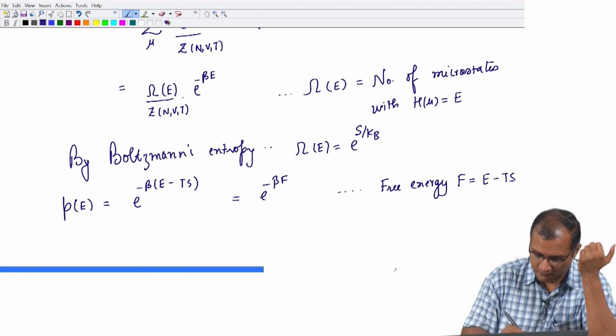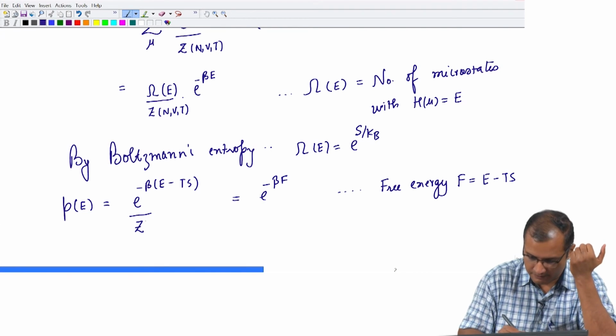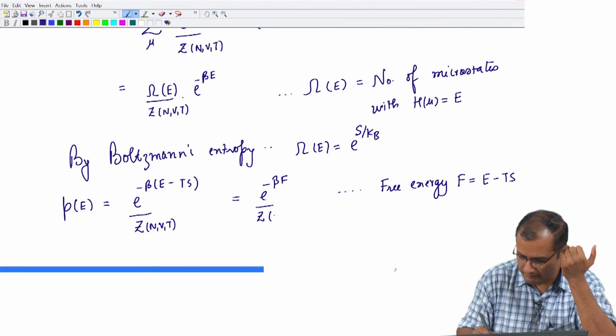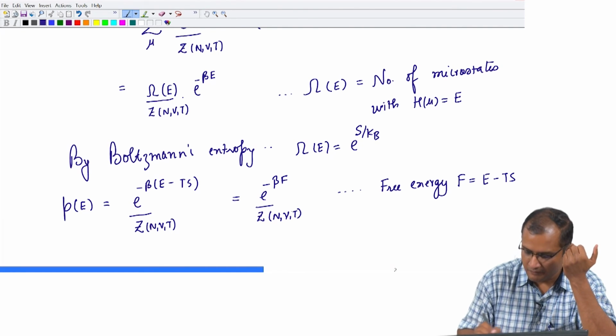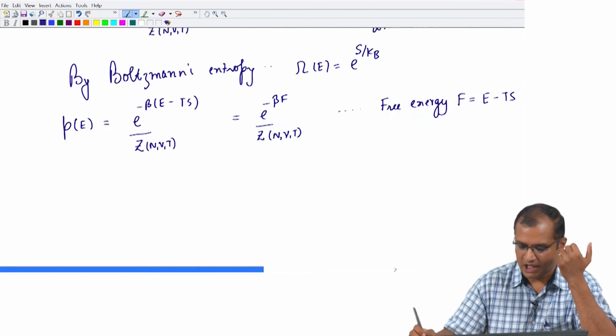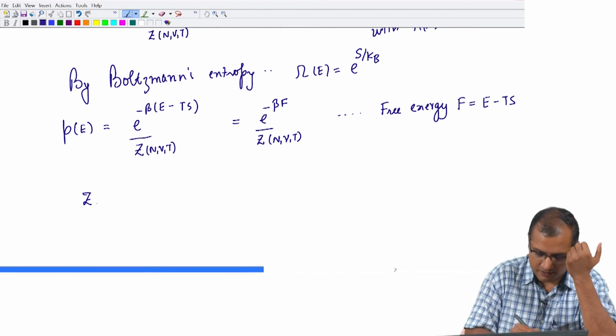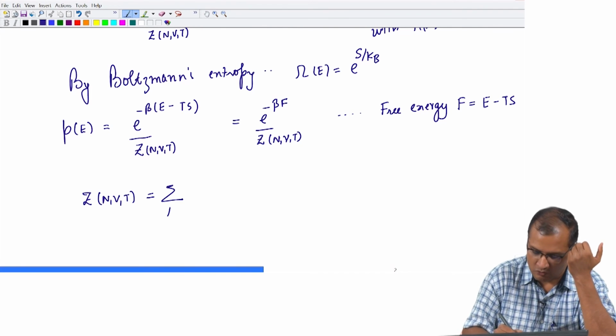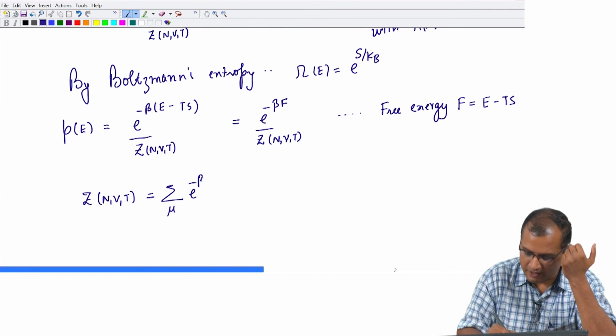Of course, I am missing a partition function here, which normalizes everything. Our partition function that we have obtained in terms of microstates was nothing but summation over all mu's e to the power minus beta h mu.